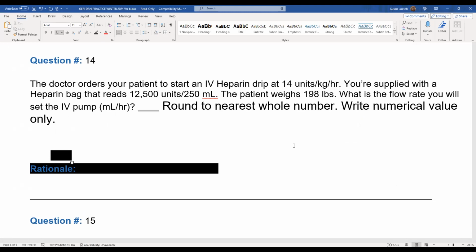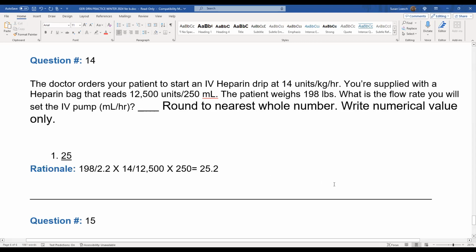This is how you'll see it on the test. Okay, there's your answer.